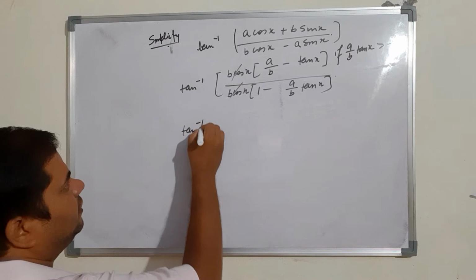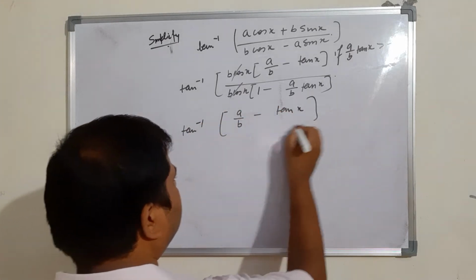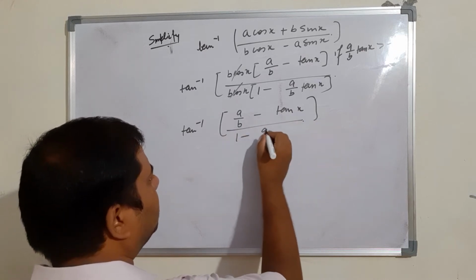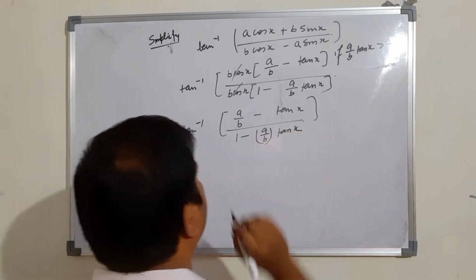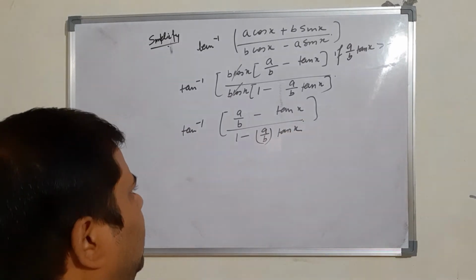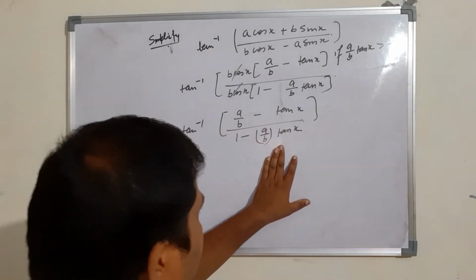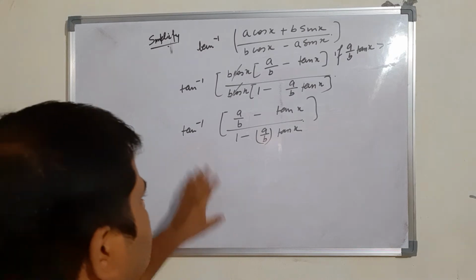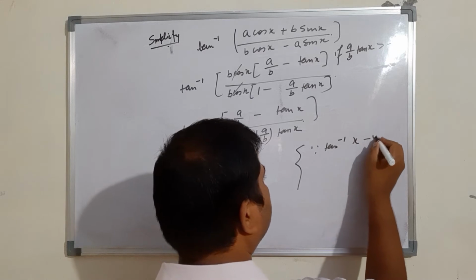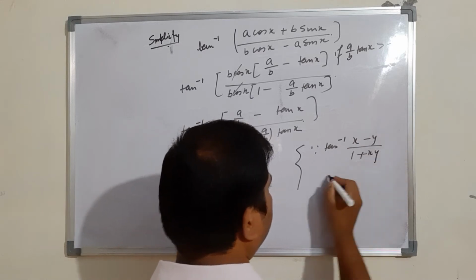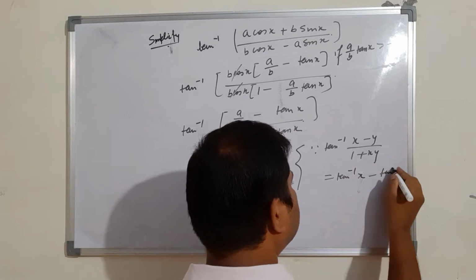This is tan inverse of (a by b minus tan x) divided by (1 plus a by b tan x). So this is nothing but tan inverse of (x minus y) upon (1 plus xy), which you know very well is equal to tan inverse x minus tan inverse y.